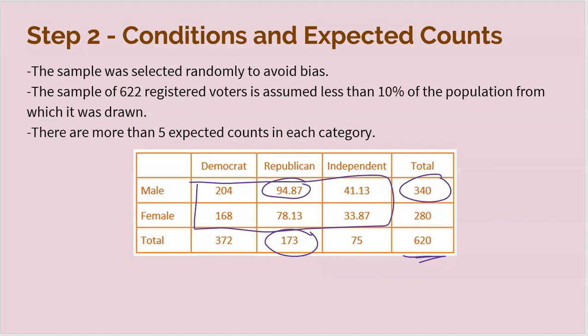And then the same thing for the females. If about 28% of people are Republican, then 28% of the females are Republican. That would be no association. You would see the same percentage across the board. So 280 times about 28% is right around 78. So that's exactly where we're getting those numbers from.